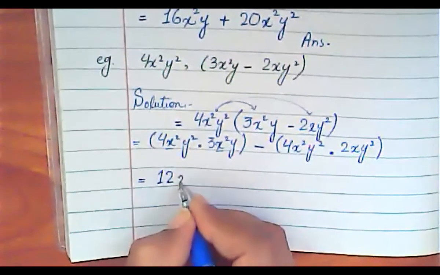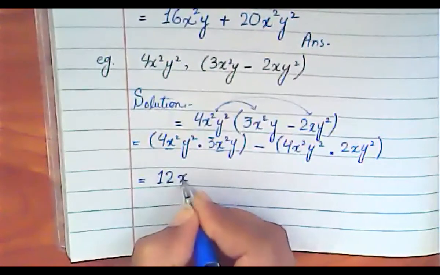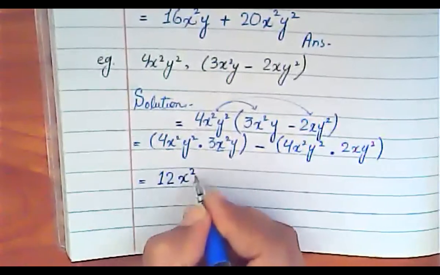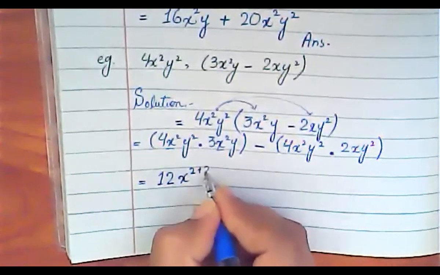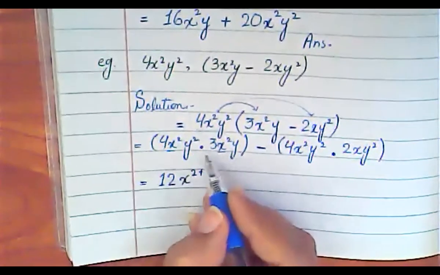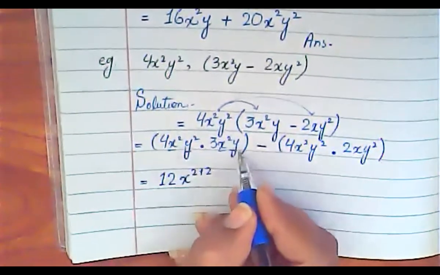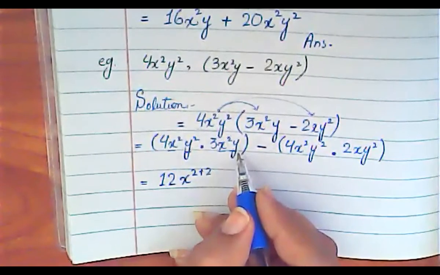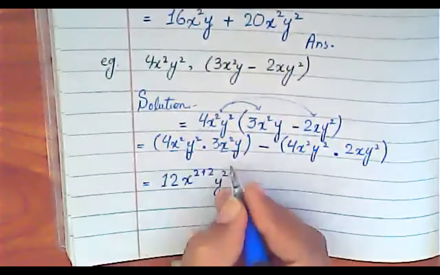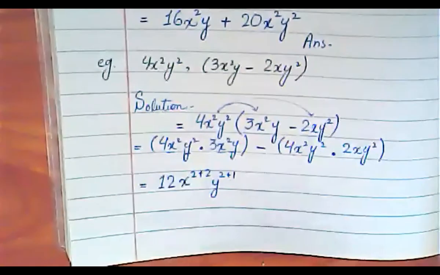So I'm going to write here x, okay, x square. So I'm going to write here 2, and this one 2 plus 2, right? Then y, here you have y square and y 1. Okay, so you will write here y 2 plus 1, right?